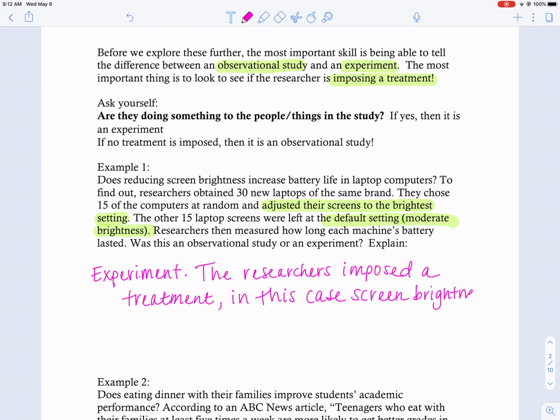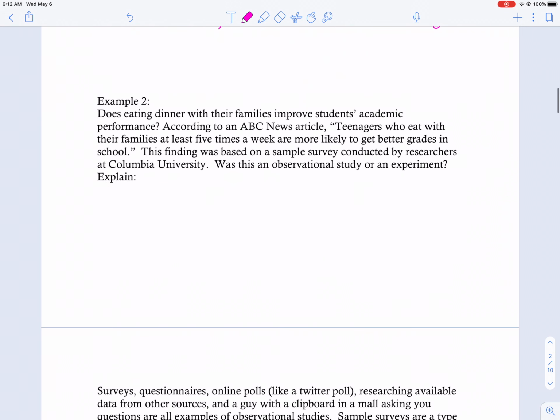Okay. All right, let's talk about example 2. Does eating dinner with their families improve students' academic performance? According to an ABC News article, teenagers who eat with their families at least 5 times a week are more likely to get better grades in school.